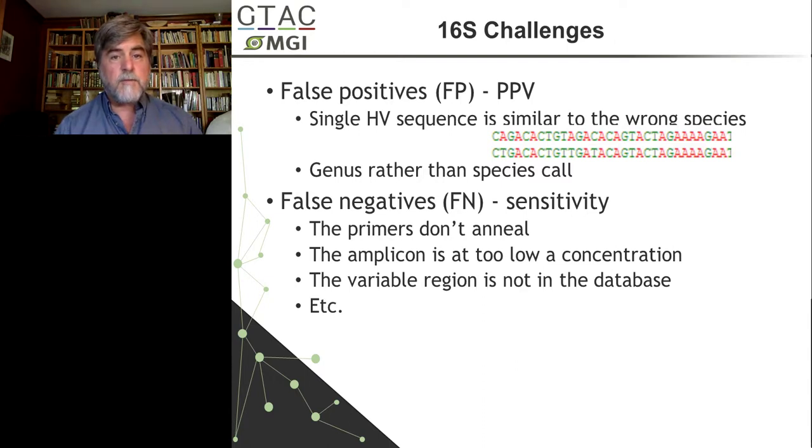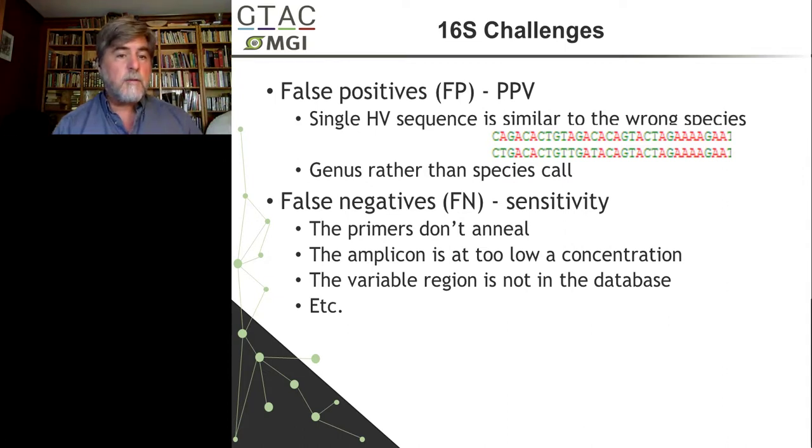And these are false positives where you're actually detecting either the wrong thing or not exactly what you're looking for. A genus isn't exactly a false positive, but often people who do this work would rather have a species level call rather than a genus level call.